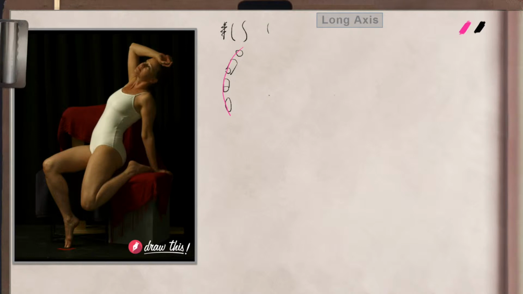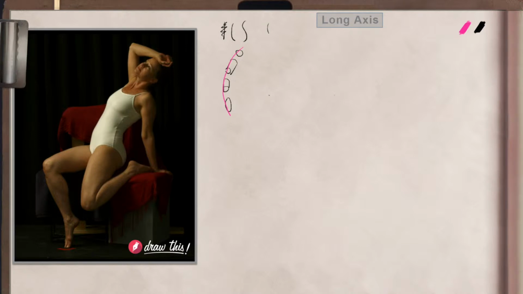Now, the challenge is, can you relate every section or smaller piece to the whole? Can you relate the head in one fluid line all the way to the knee, down to the toe? Yes, you can.